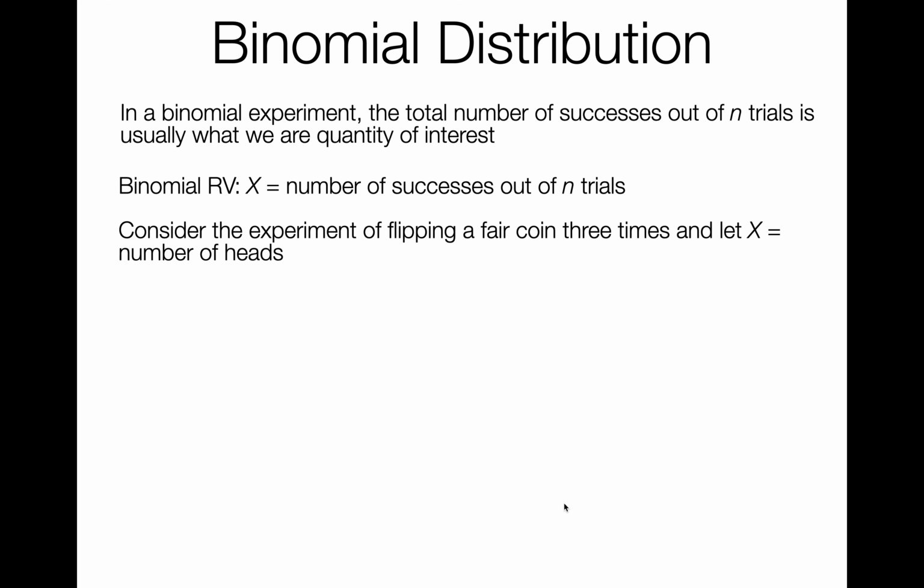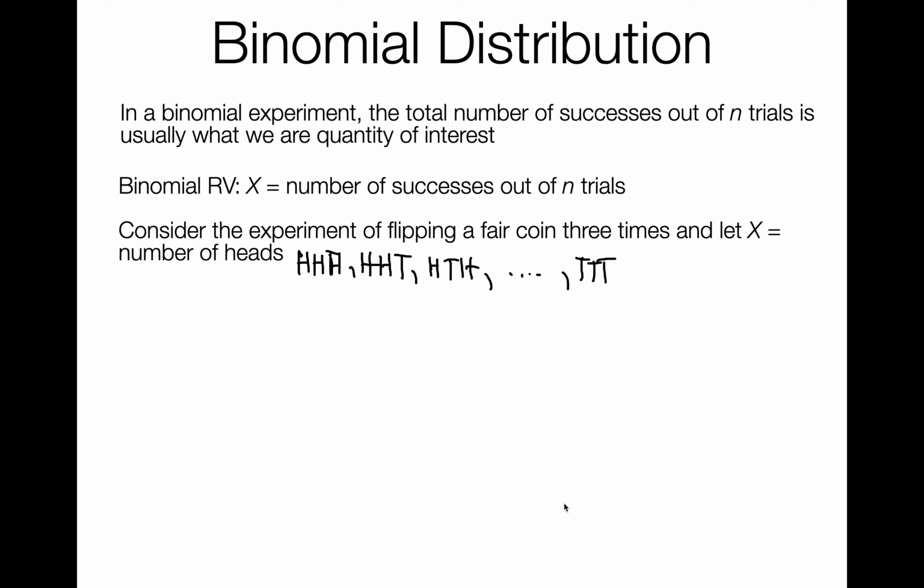But flipping a fair coin 3 times, I get 8 possible outcomes. Heads, heads, heads, and then so on and so forth. Heads, heads, tails, heads, tails, heads, all the way down to tails, tails, tails.